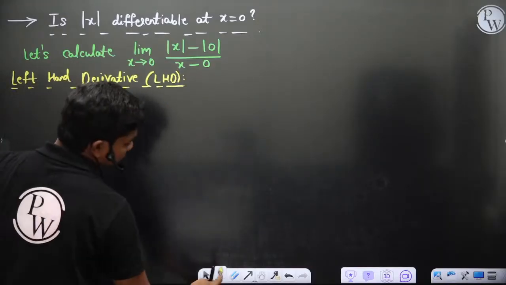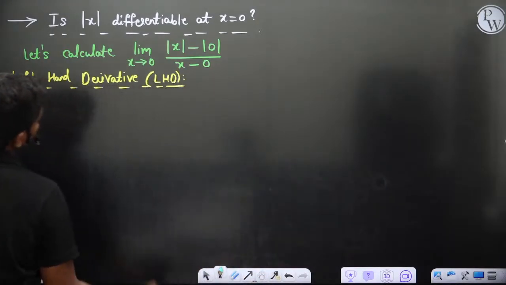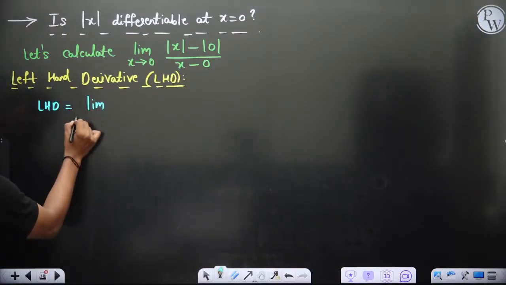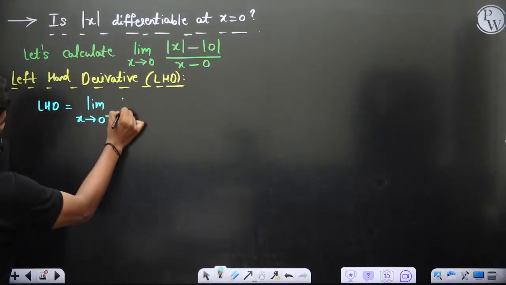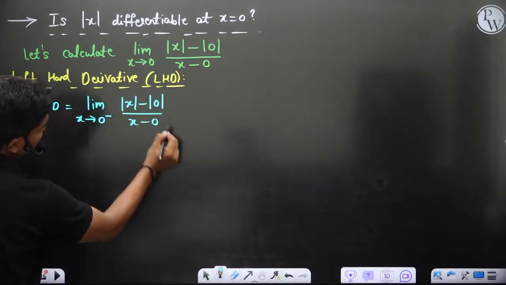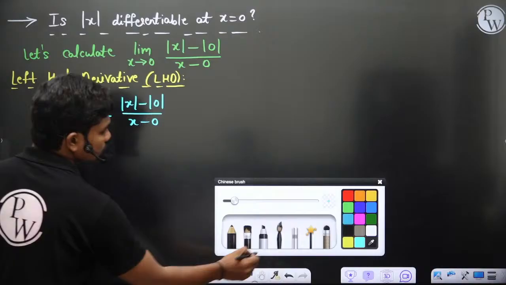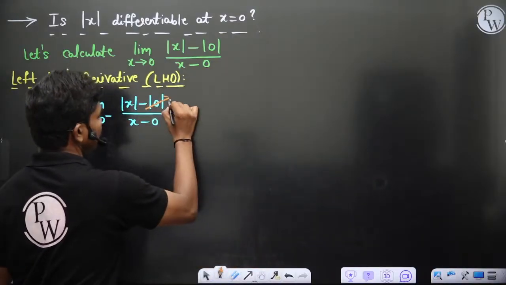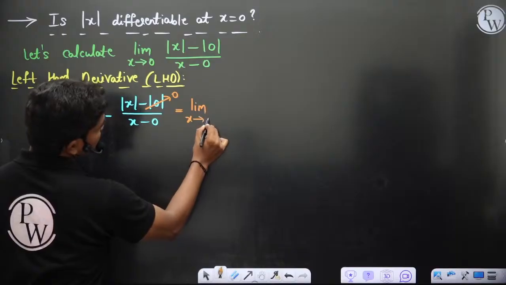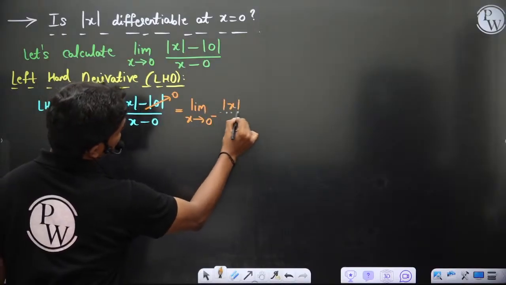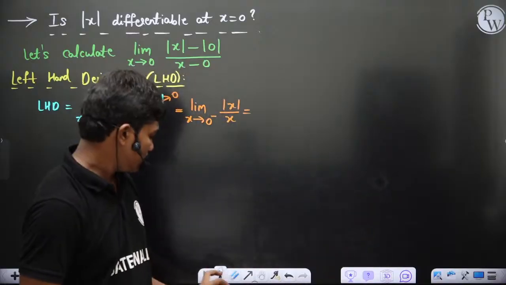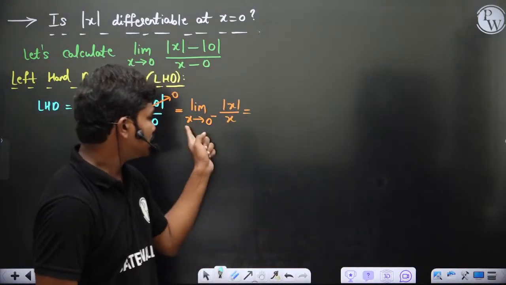So when you calculate this left hand derivative, left hand derivative is equal to limit x tends to 0 minus mod x minus mod 0 by x minus 0, and anyhow mod 0 is 0, clearly this value is 0 straight away, so this is equal to limit x tends to 0 minus mod x divided by x, of course. Okay, now let's see in this case when x is tending to 0 minus.